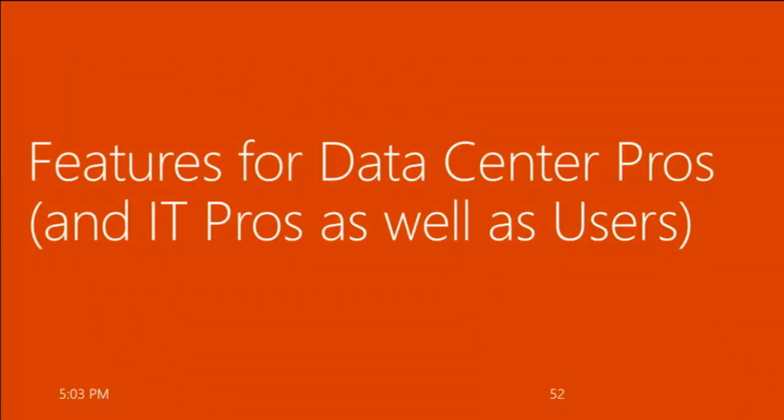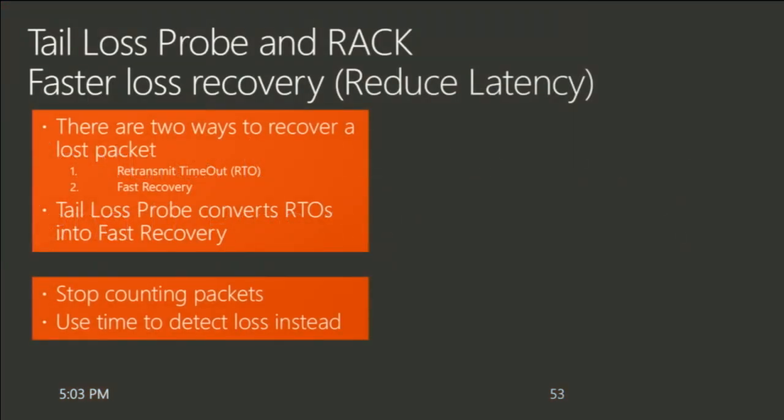All right, so we're nearing the end. We just got a couple more features here. These two features, tail loss probe and RACK, are for better loss recovery. What happens when a packet gets lost is we need to retransmit it. There's two ways to do this. Every time we send a packet at the transport layer, we start a timer.